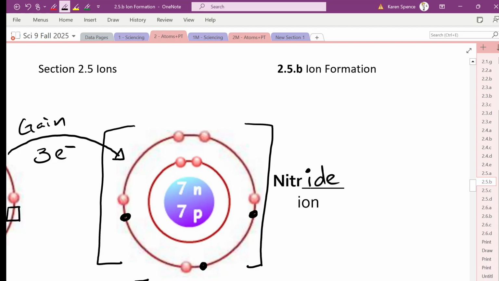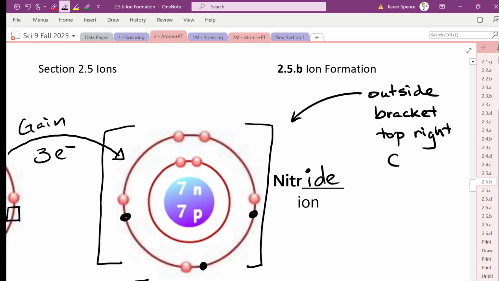And then on the outside of the square bracket, on the top right, goes the charge. So that's going to be a 3 minus, and these are square brackets.